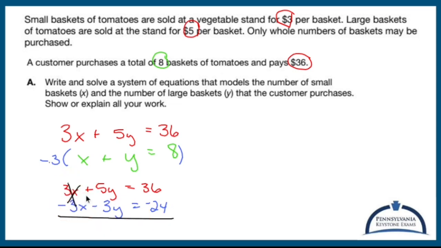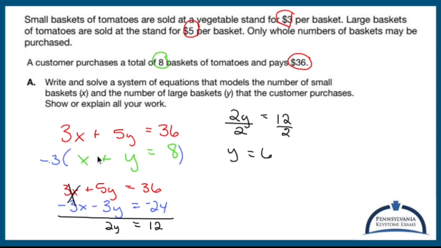The x in this case is going to go away. 5y and -3y is 2y, and 36 minus 24 is 12. So let's bring the 2y equals 12 up here. Divide both sides by 2. y is 6. That means this person bought 6 large baskets.